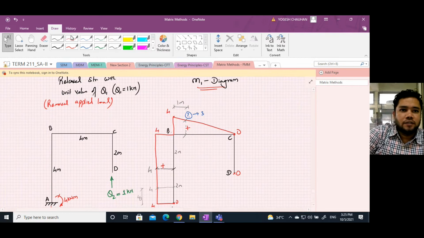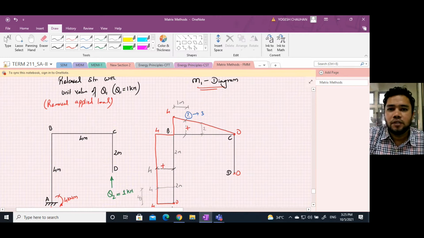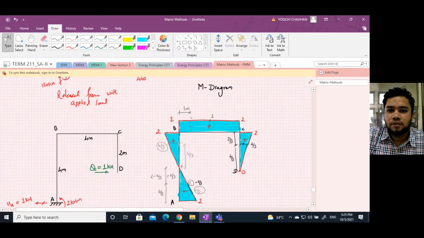See, at this point, at 2 meter from C, it will be 2. Okay, this will be 2 because in 4 meter it is 4, so in 2 meter it will be 2. Okay, means we have found the ordinate corresponding to CG of this BC portion.